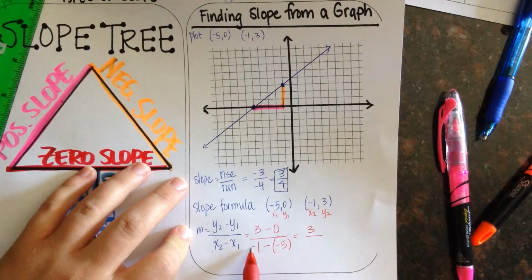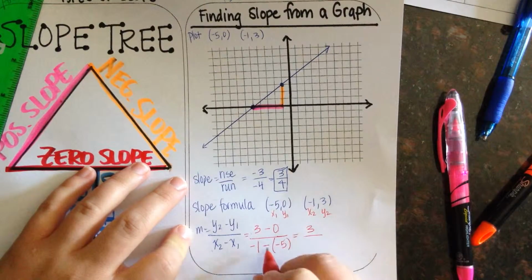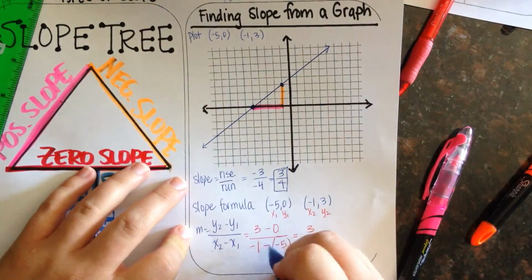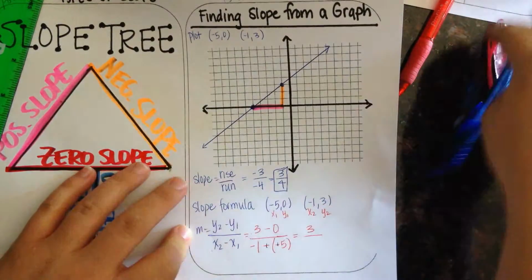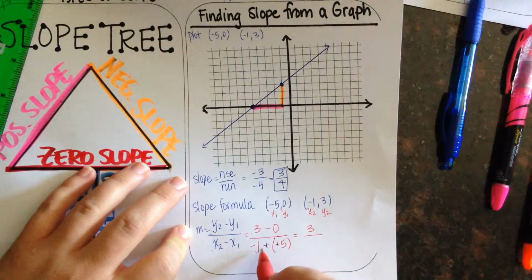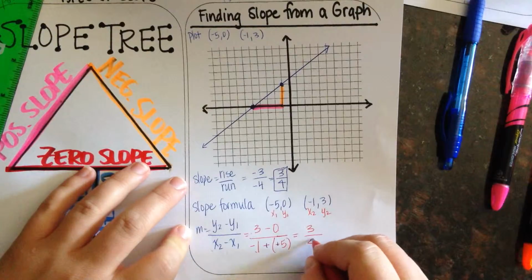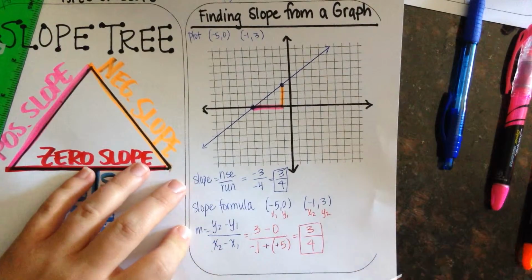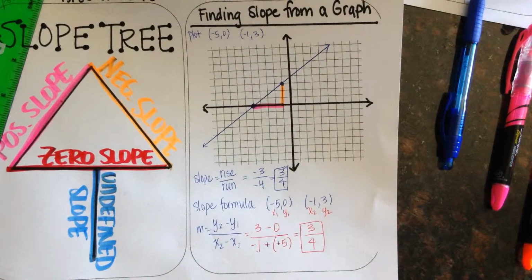On the bottom, -1 minus -5, these two in the middle end up turning positive. And so -1 plus 5 is a +4. And so you can see that both rise over run and the slope formula with these 2 coordinate points easily give us the same slope. It's in the positive direction. We're good to go.